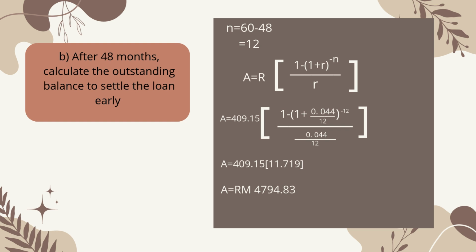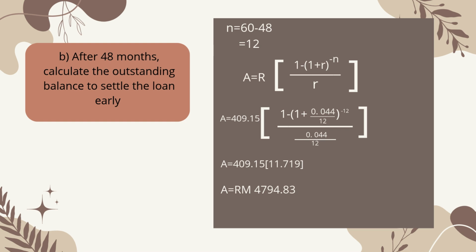So A equals 409.15 multiplied by open square bracket, open parenthesis 1 minus open parenthesis 1 plus 0.044 divided by 12, close parenthesis to the power of negative 12, close parenthesis divided by 0.044 divided by 12, close square bracket.